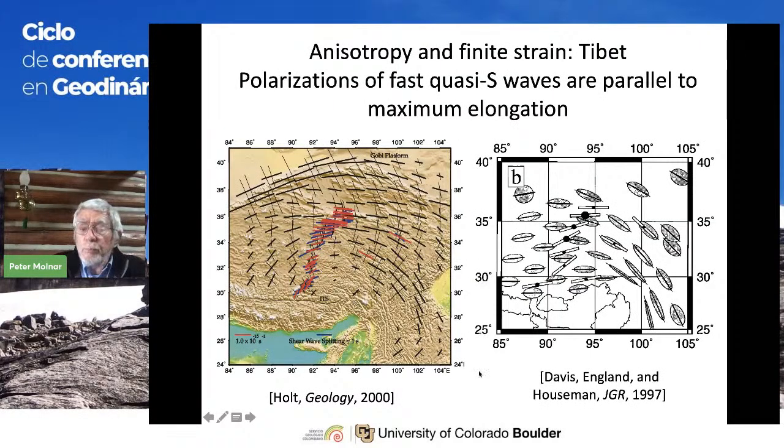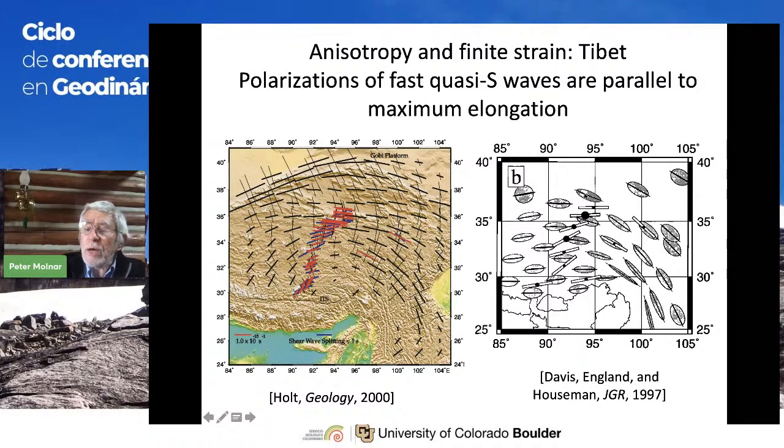And let's look at the picture on the right, going back some time ago. Again, we're looking at Asia, so you can't see this well. This is Nepal, this is Bhutan. So this part of this map is this part of this map over here. And they've calculated finite strain ellipses by indenting Asia with a thin viscous sheet. And so the maximum elongation is what?